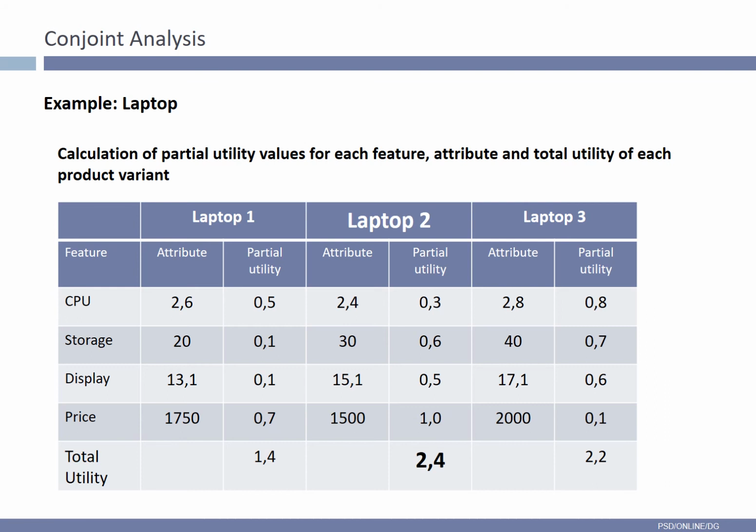So this is a great tool to decompose, let's say, the partial utility of each feature that the customer sees in the product by drawing on data that is very realistic, because customers are making trade-off decisions.